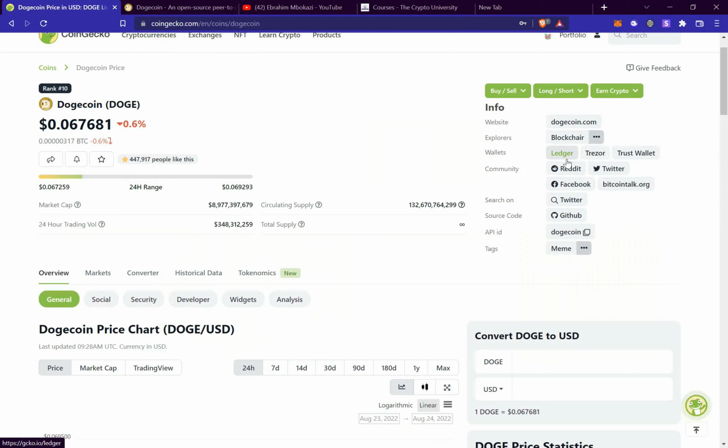And over here, these are some wallets that you can store your Dogecoin on that are supported. You could use your Ledger, you could use your Trezor or Trust Wallet. And here are the external links to the social media profiles. Let's just say you want to find out what's happening on Twitter. You can just click here on Twitter.